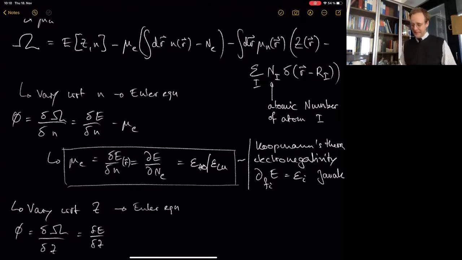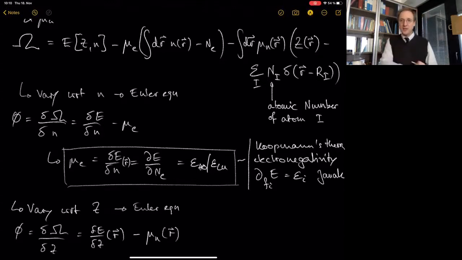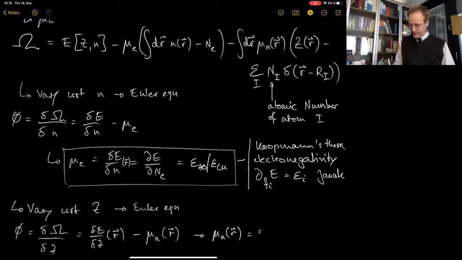So that is a priori a spatial function. And now you find that what survives is mu n, but spatially resolved. So now we actually have a function in space, which is your dE/dZ.